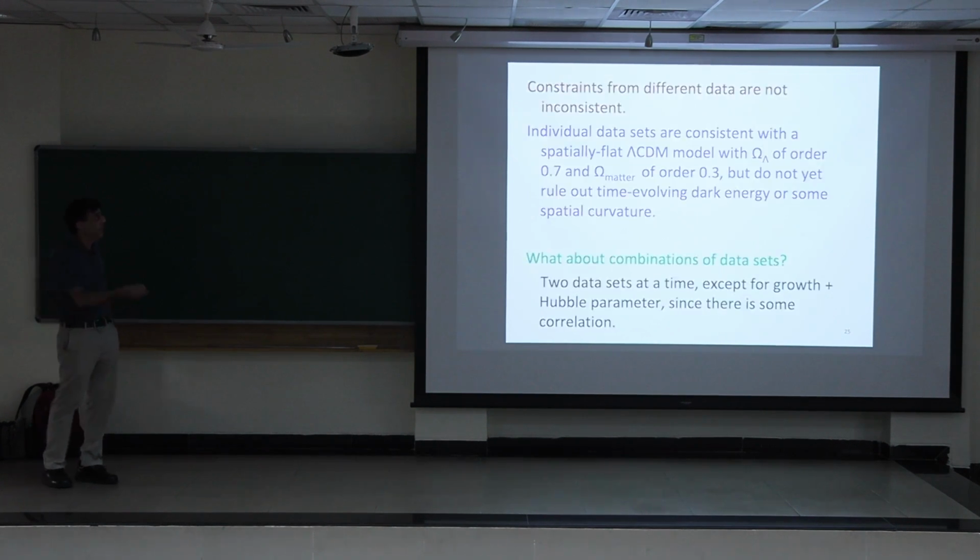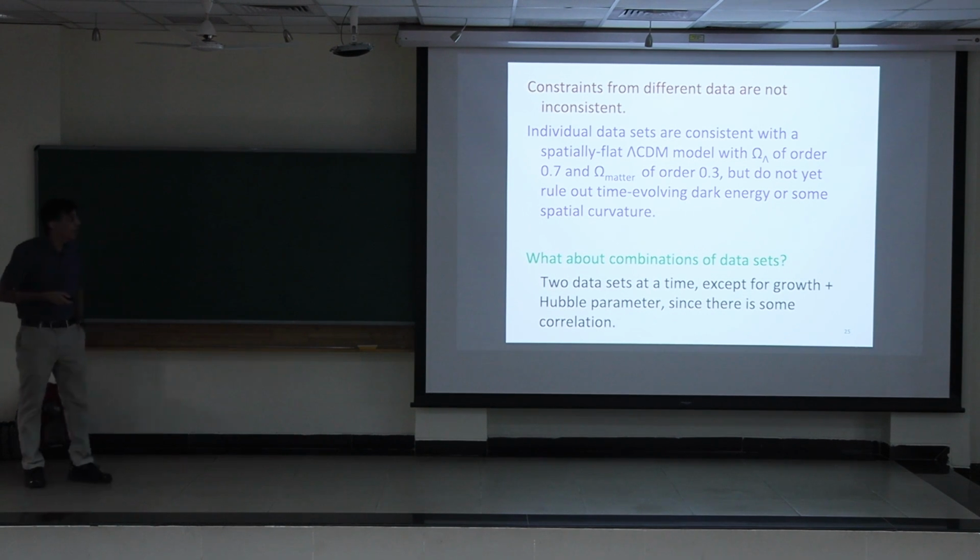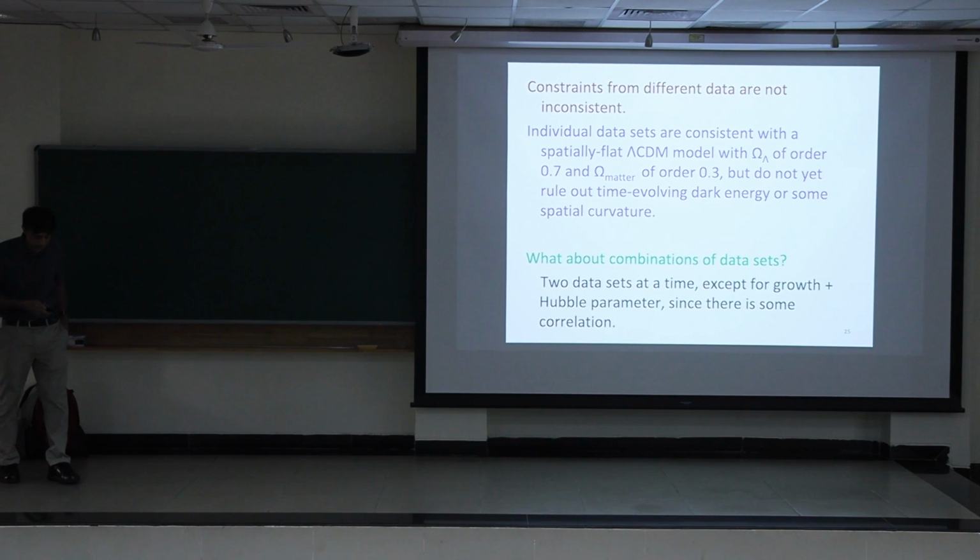So the really important thing is that there's huge parts of parameter space that overlap for these different data sets and for the different models. So we're not completely crazy introducing dark energy. The individual data sets are all consistent with the standard model, but they don't yet rule out dark energy dynamics or spatial curvature.